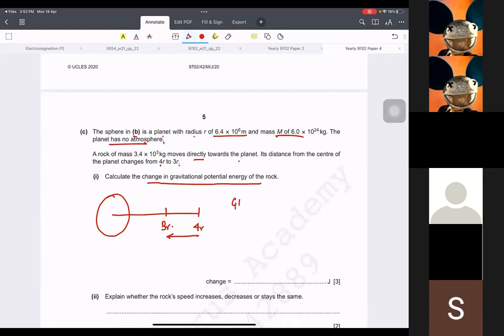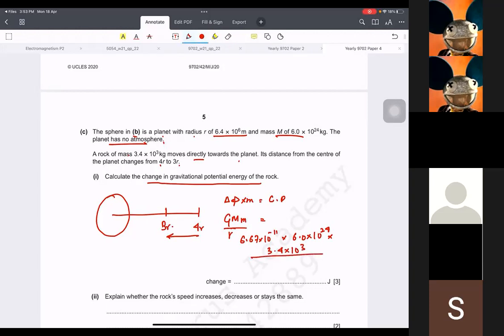So it is GMm over r, and minus. Why am I saying this? Because change in potential times mass is the change in potential energy. So minus GM over r: 6.67 times 10 raised to minus 11, mass is 6.0 times 10 raised to 24, divided by 6.4 times 10 raised to 6.